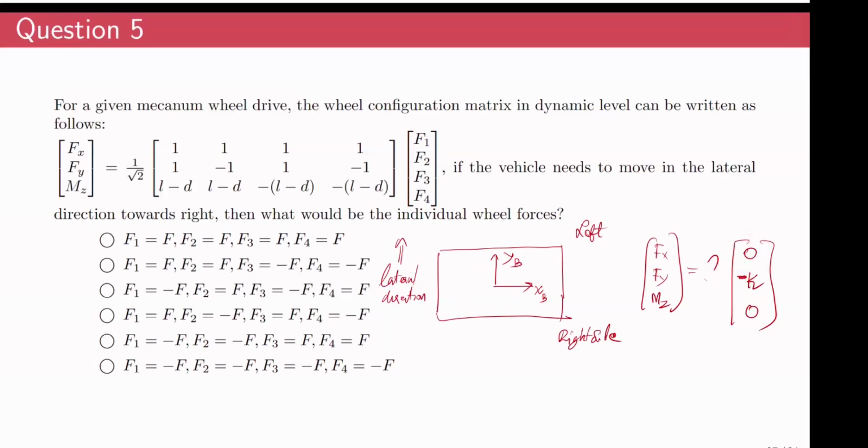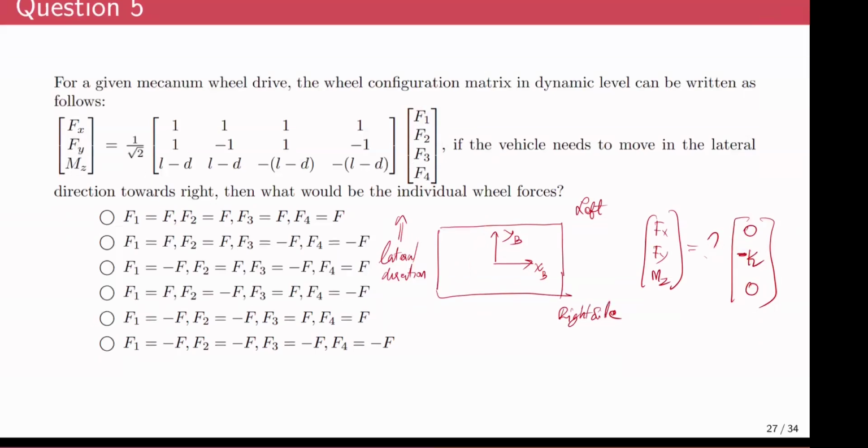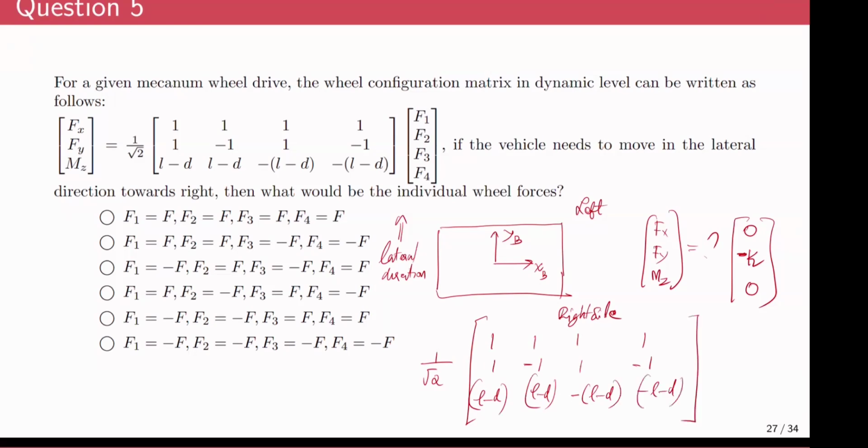So I'll simply reproduce this wheel configuration matrix: 1 by root 2, then 1, 1, 1, 1, 1, minus 1, 1, minus 1, L minus D, L minus D, minus L minus D, minus L minus D. We'll see a couple of options.